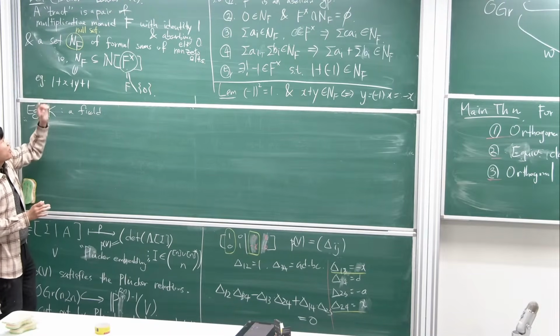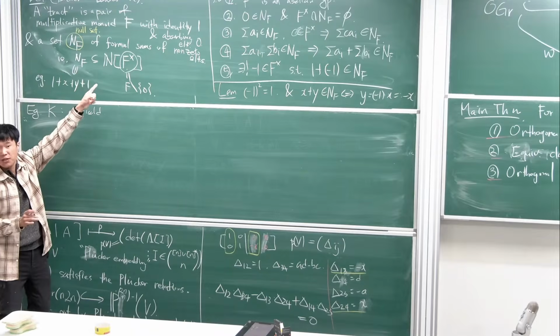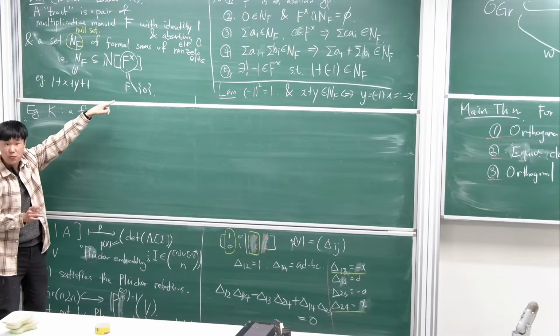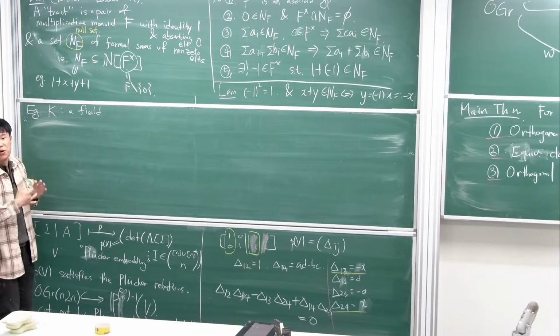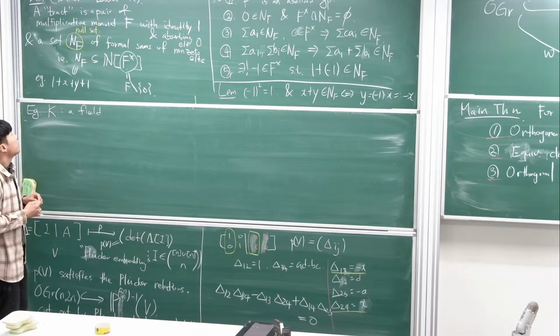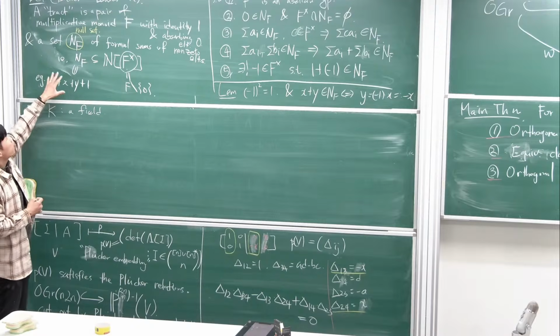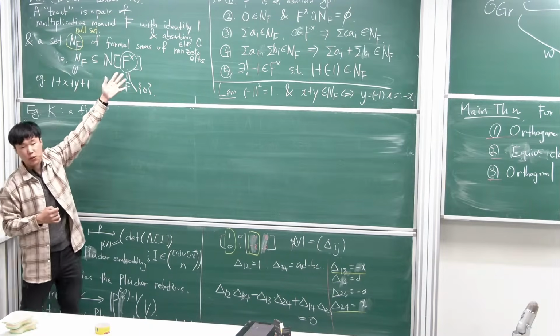Here we naturally have a multiplicative identity element and absorbing element zero. And K^x is the usual set of non-zero elements. The important thing is then what is NF which satisfies those conditions?